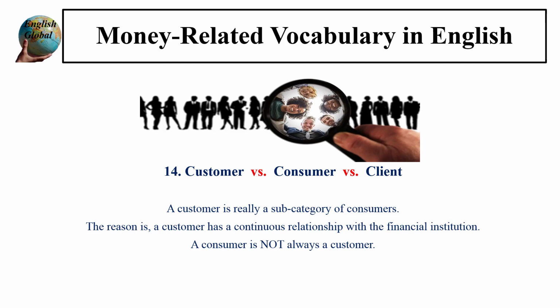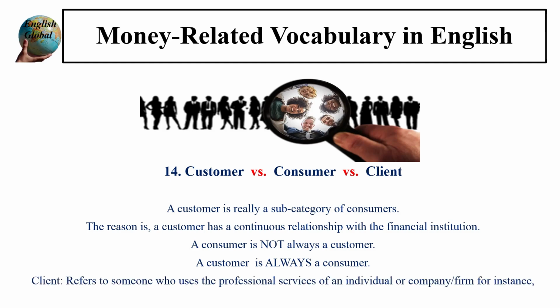A consumer just consumes the service or goods. A customer is always a consumer. What about a client? Client refers to someone who uses the professional services of an individual or company, for instance, a lawyer's services.